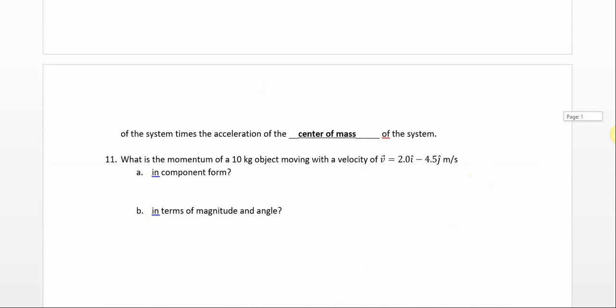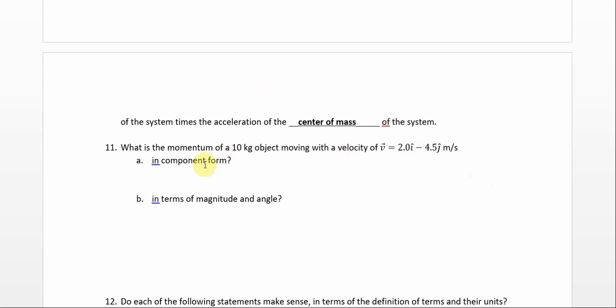Okay. All right, now we get to a numerical one where we'll have to do some calculations. What is the momentum of a 10 kilogram object moving with a velocity of 2.0 i minus 4.5 j meters per second? So this is moving in 2 dimensions. Velocity is given in components. So p is m times v.